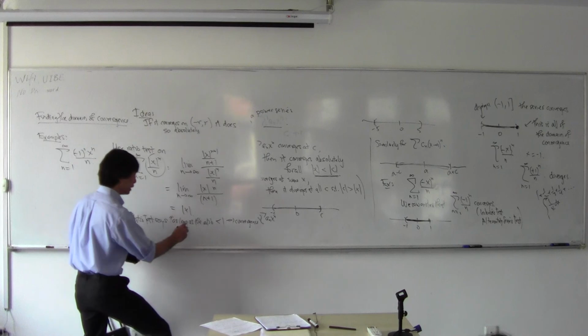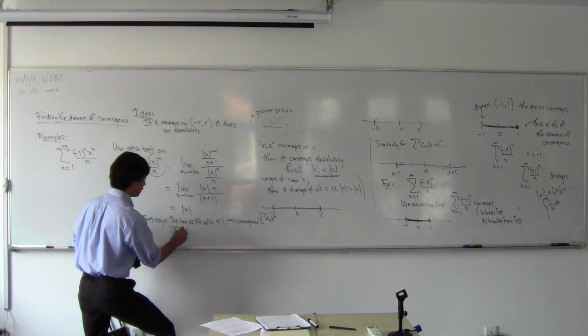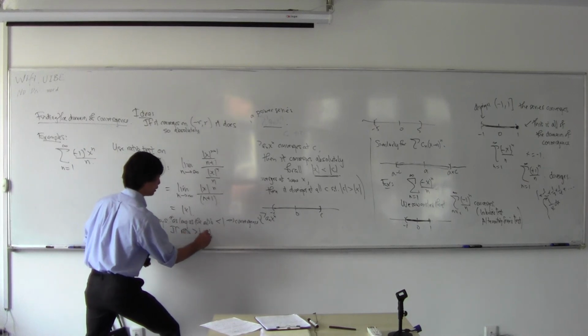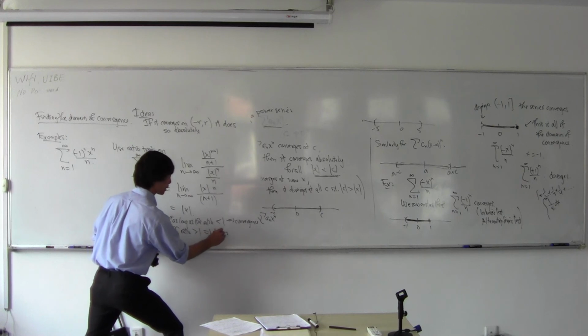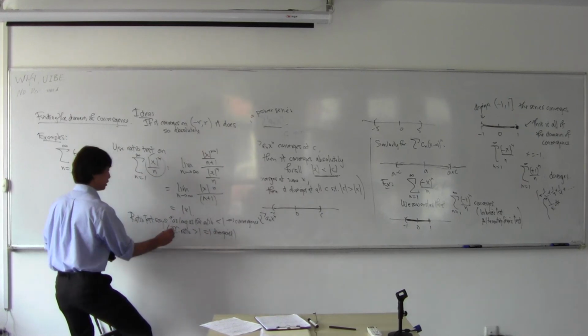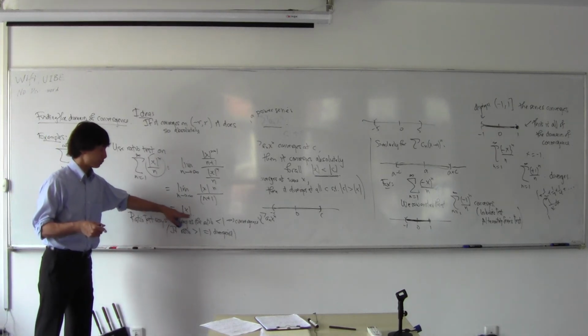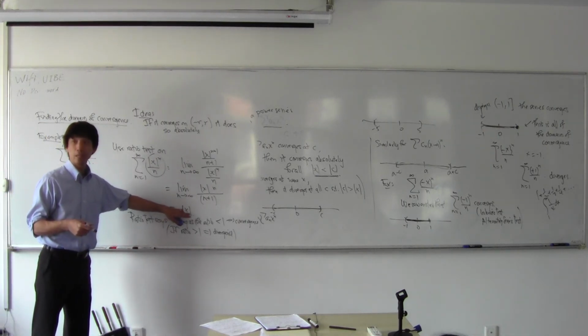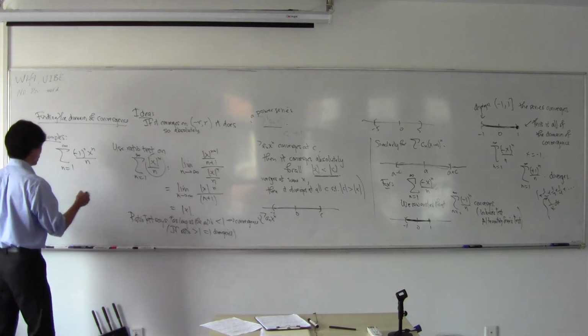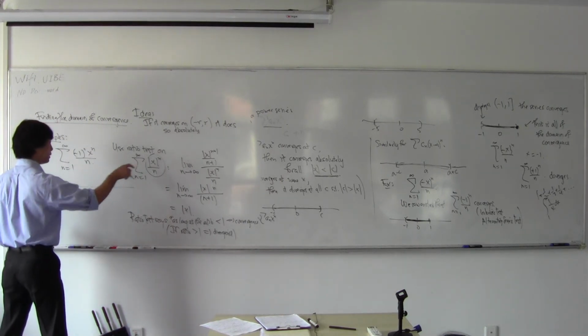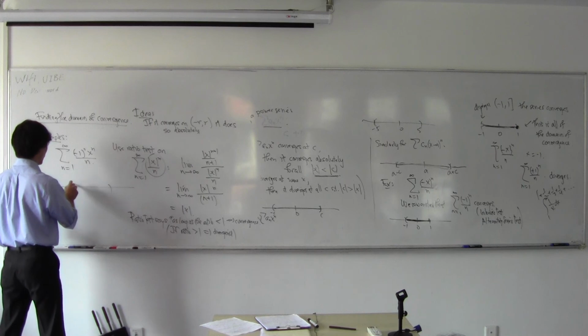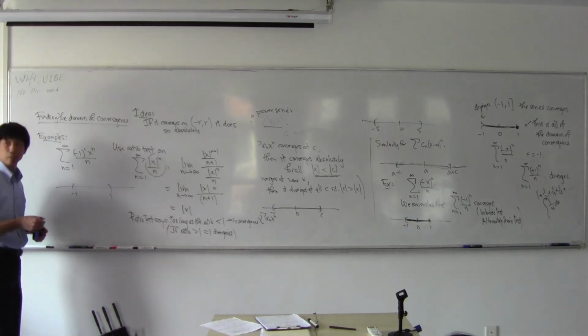If the ratio is greater than 1, then you have divergence. Right? So what does that tell us? That this thing converges, right? So that tells us that we have absolute convergence between -1 and 1.